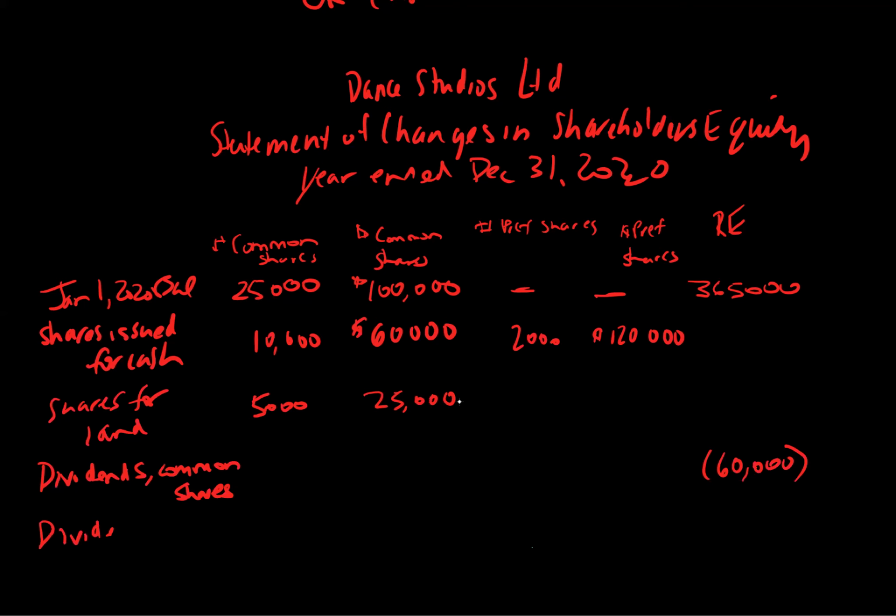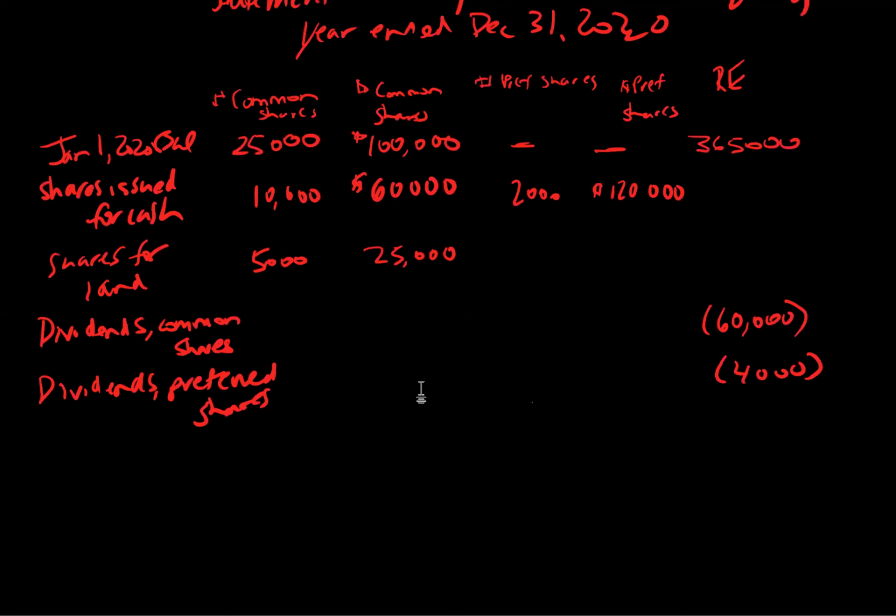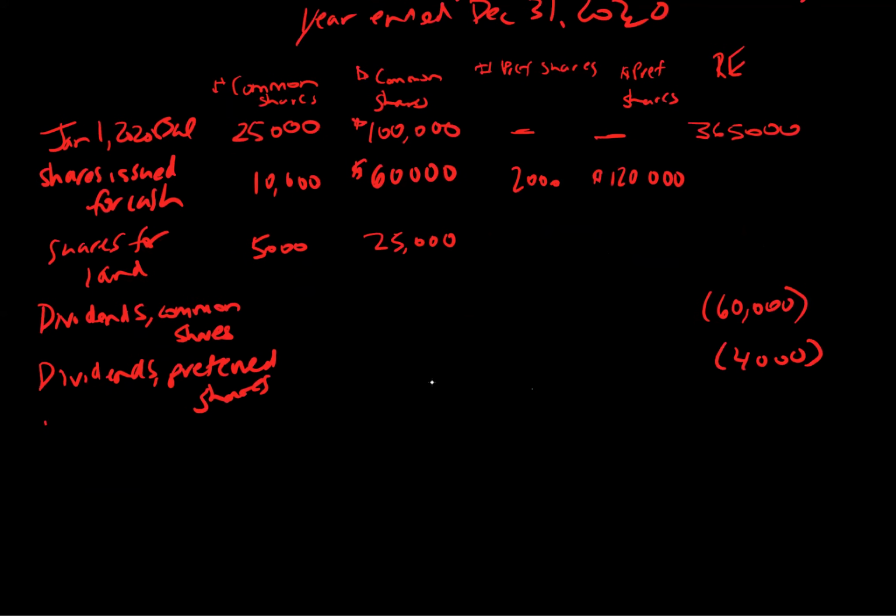We also had dividends on preferred shares. And those are going to be the same thing, 4,000 here. Then we had the shares purchased and retired. Purchased and retired.